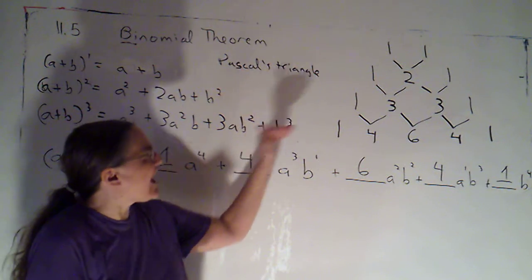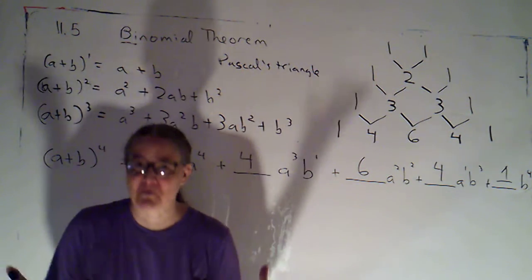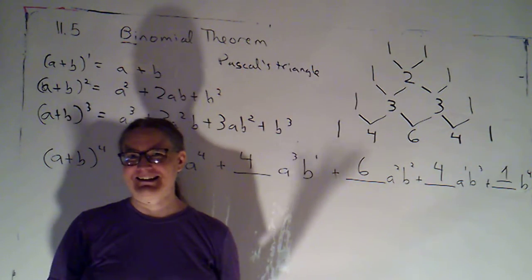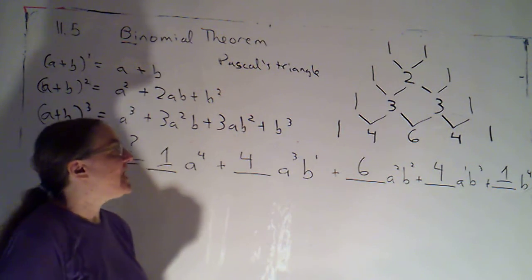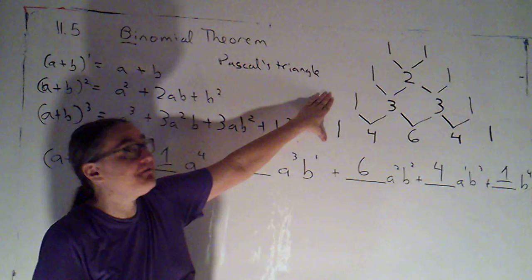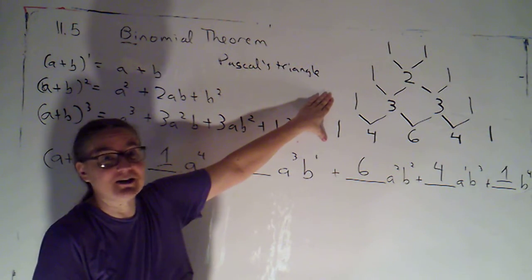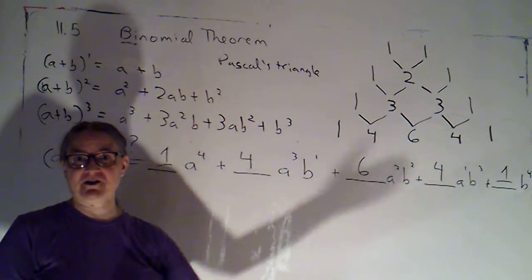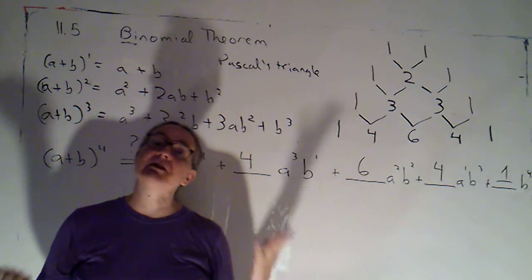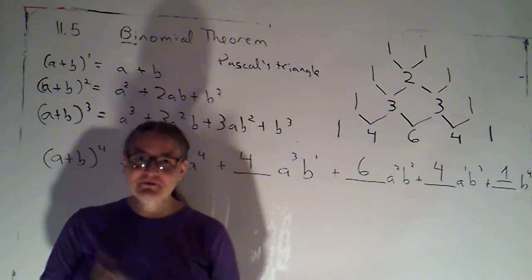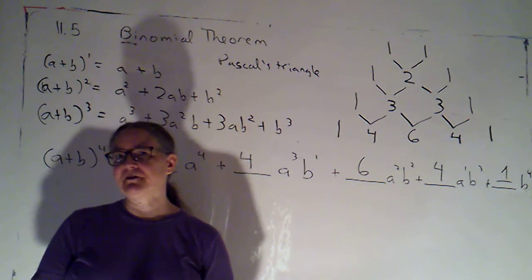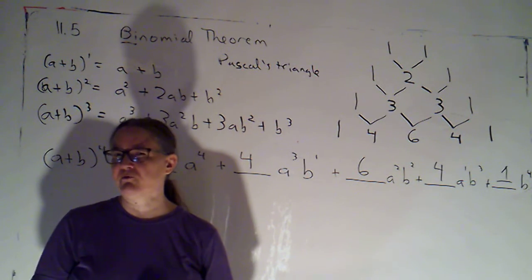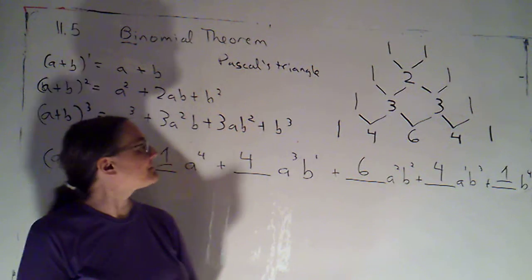But to prove why this works is so much more complicated than just using it, and we really don't have time for that at this point in the semester. So I'm going to give this to you as a very nifty tool that you can use to get the coefficients, and just acknowledge we're going to have to accept this one as a gift from the mathematicians that have gone before. It's true, but the explanation for why it works is beyond the scope of what we can handle at this point.